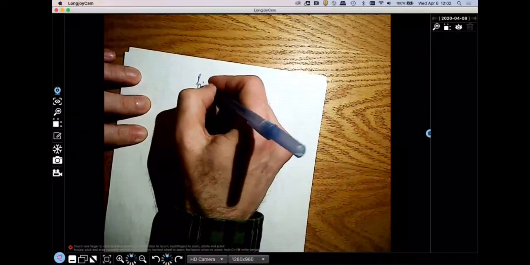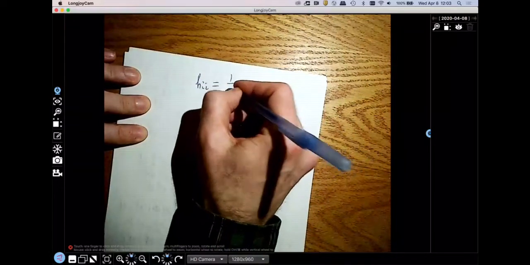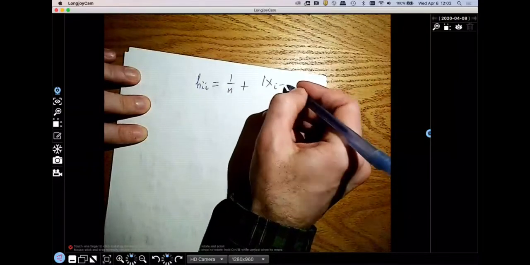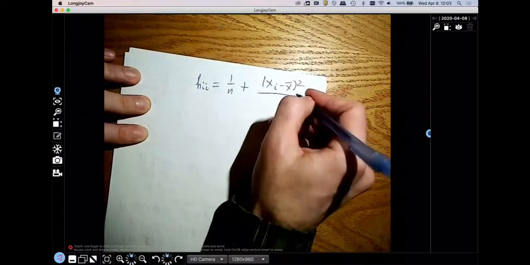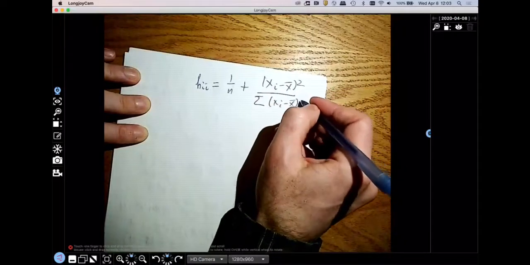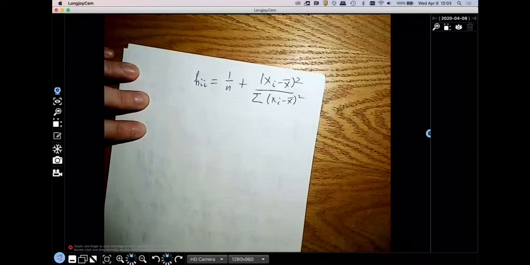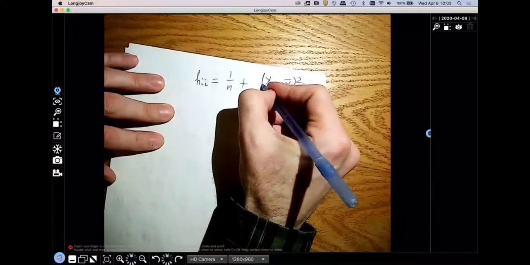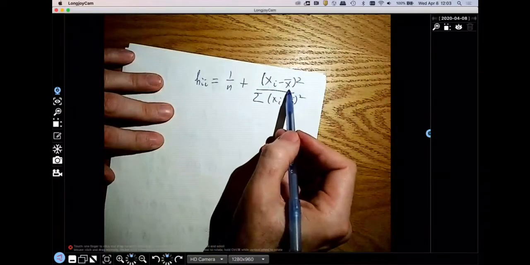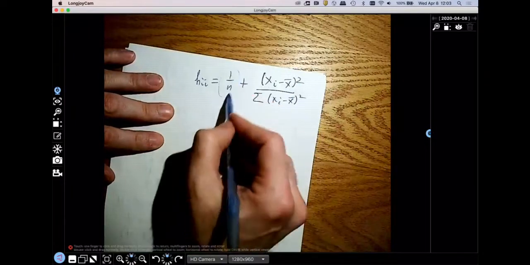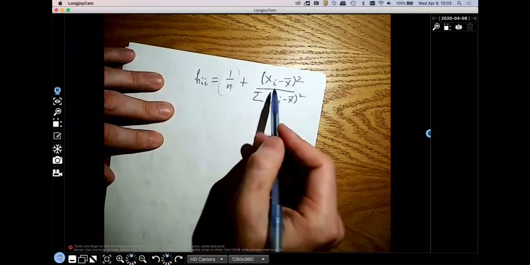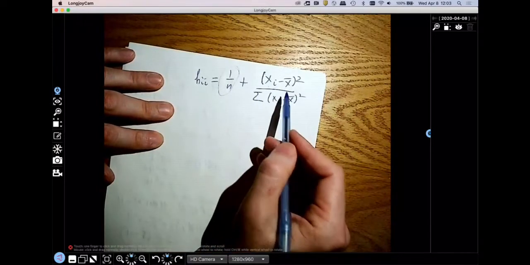And so hii, let me just write it out for us, is this: (xi minus x bar) squared divided by the sum of these (xi minus x bar) squared values. Now the interesting piece of this is the xi minus x bar. The denominator is just a constant that is the same for all observations. This value is what changes.